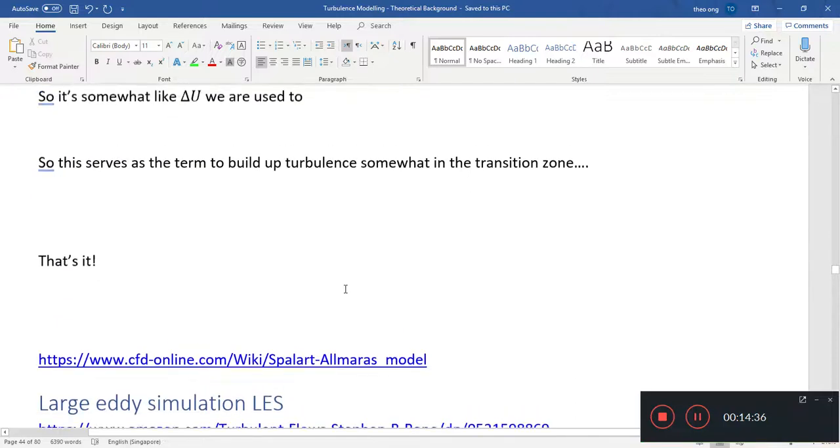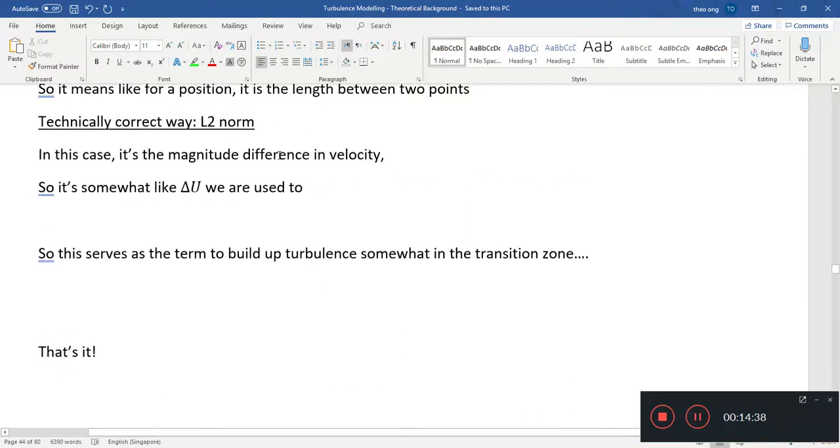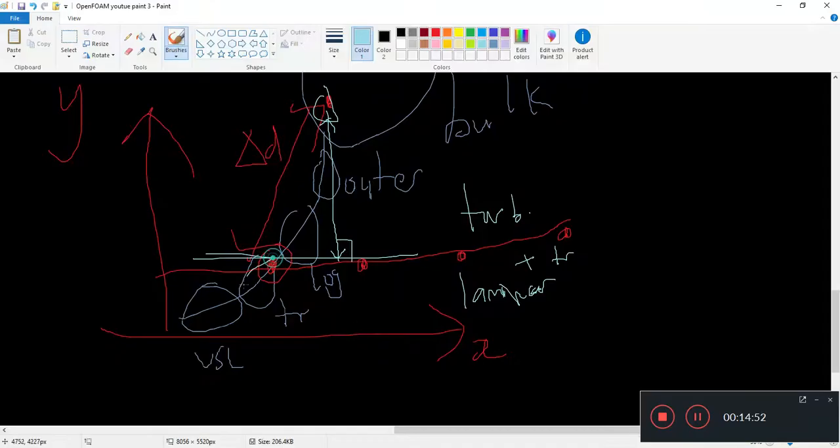Okay, so yeah. So in this, this delta U is the difference using this norm. So this serves as a term to build up the turbulence somewhat in this transition zone, just before the trip starts to kick in. And because after the trip kicks in, you don't really need this anymore.